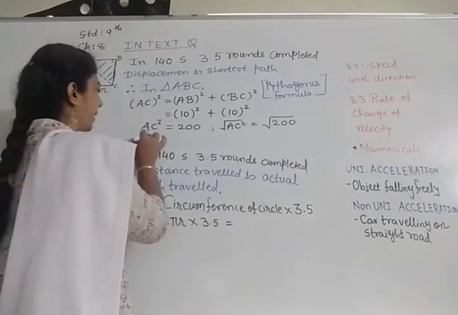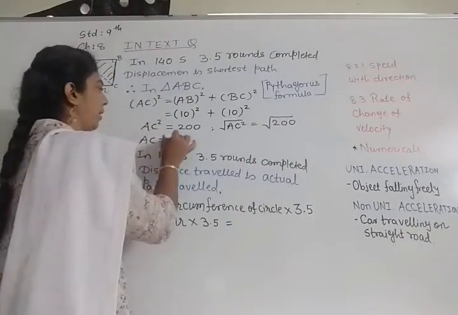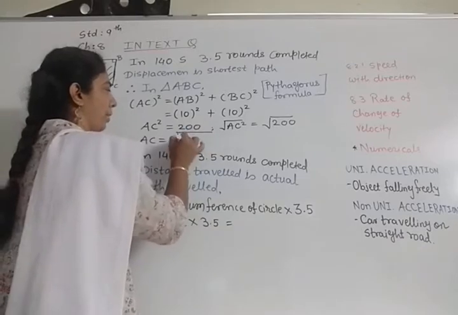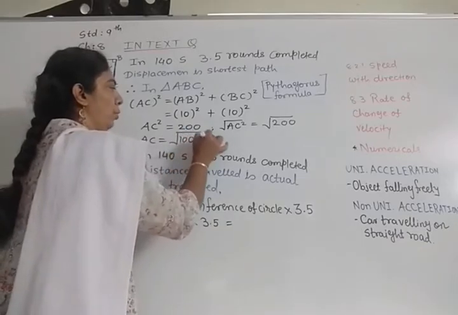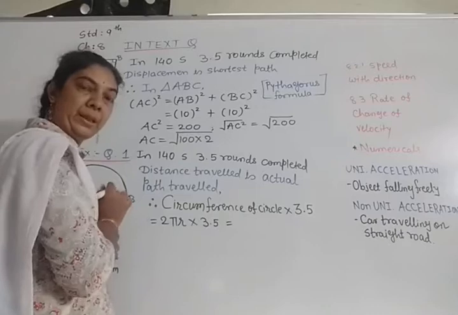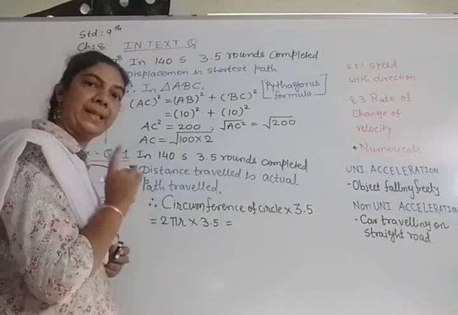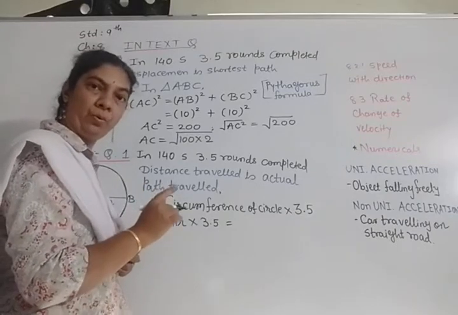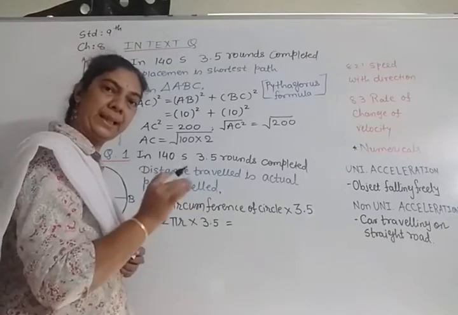So we are getting AC equal to under root 100 into 2. The square root of 100 is 10. 2 we are keeping as it is under root.